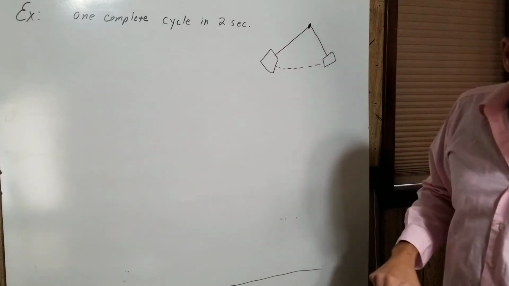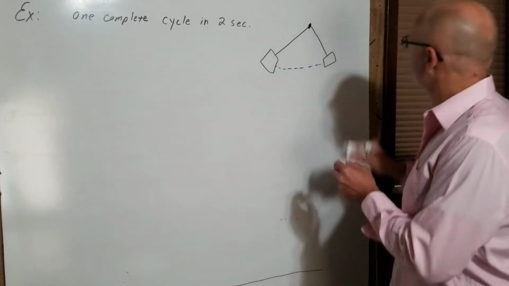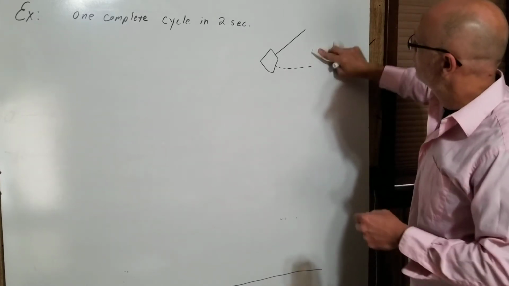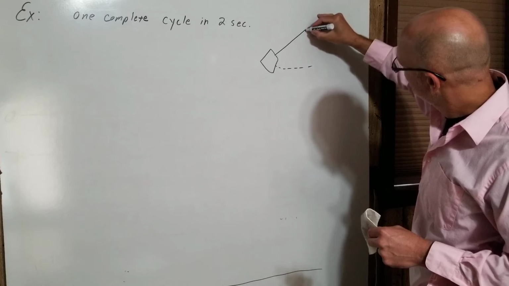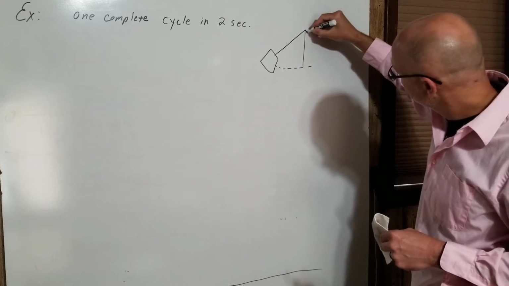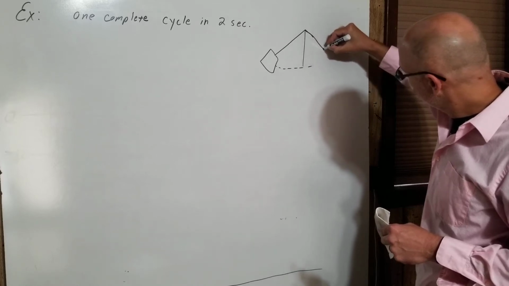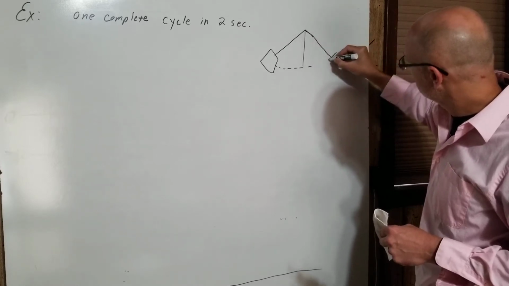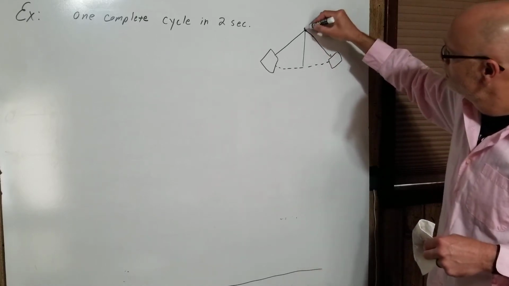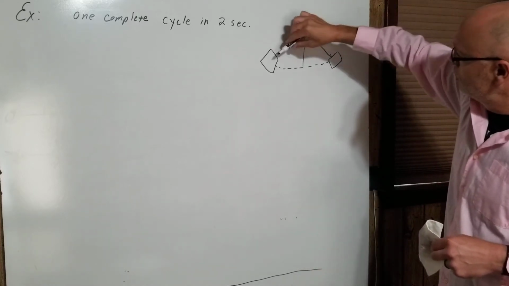Let me draw it a little bit better because I don't have it quite drawn good enough. This will be what we call its equilibrium position, and it'll swing something like this. It goes back and forth.